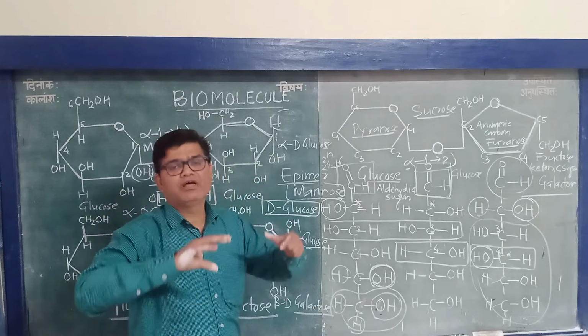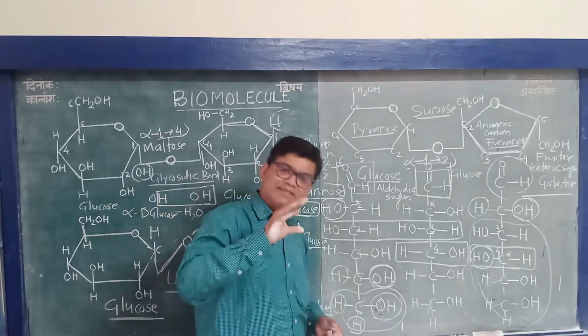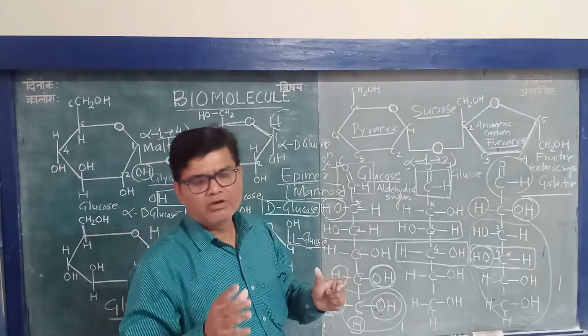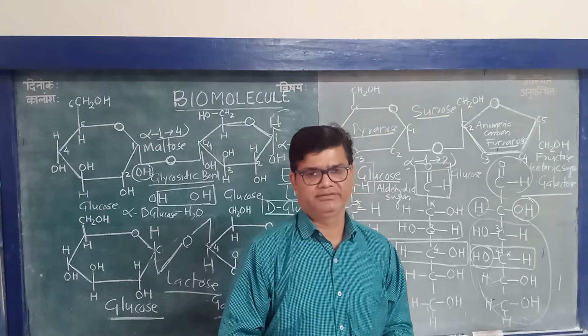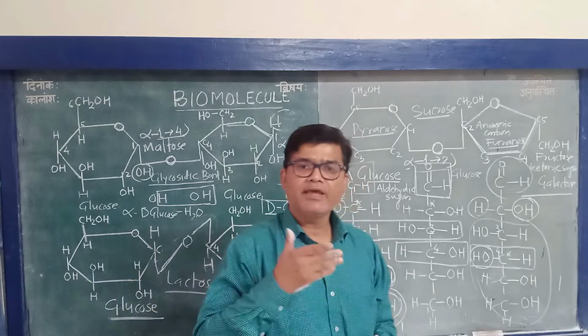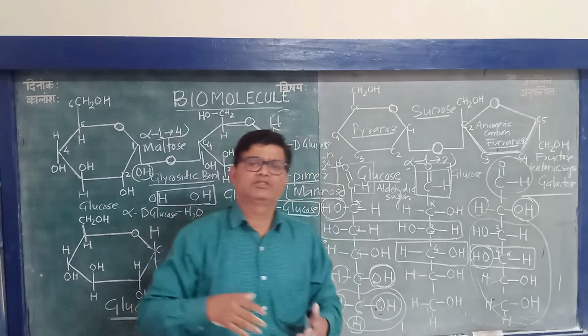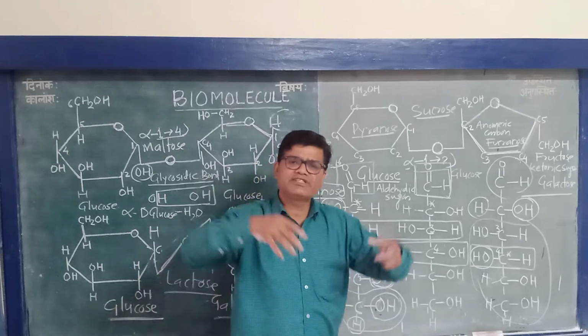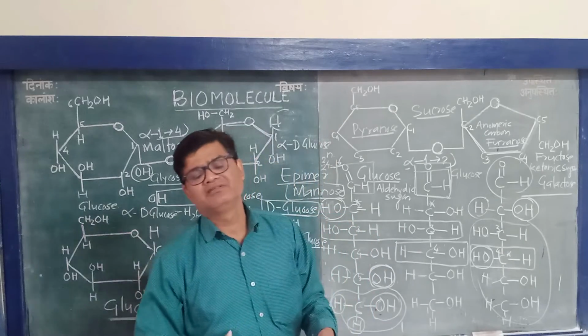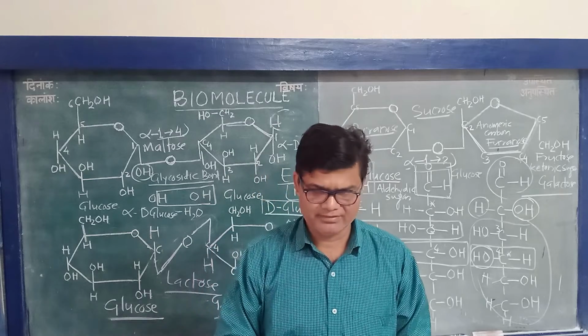In the standard category, there are essential amino acids, the amino acids which are not synthesized in your body. You take them through the diet. Some amino acids are synthesized in your body, and they are known as non-essential amino acids.